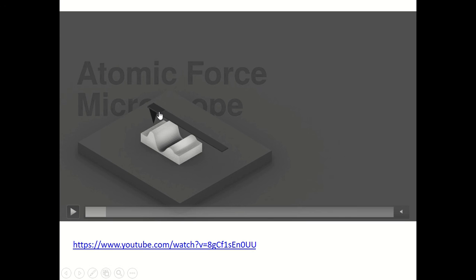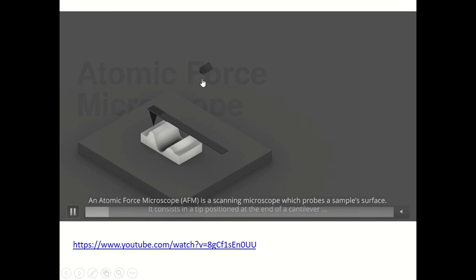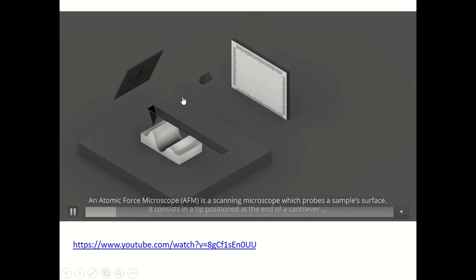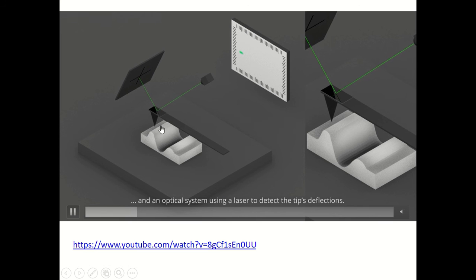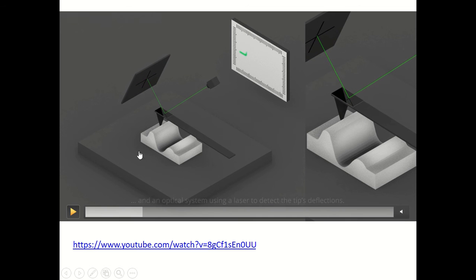As you can see, the top surface of this cantilever is highly polished and a laser beam is obliquely incident on this cantilever. So this polished surface reflects this laser beam. Now you can see, as the tip is moving on this hill, the position of this reflected laser beam changes.